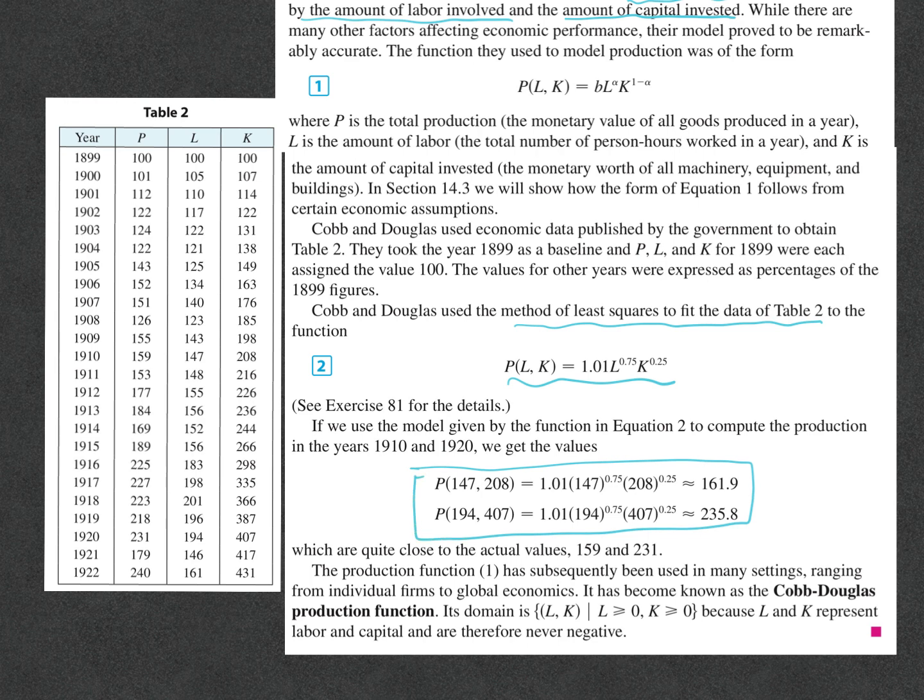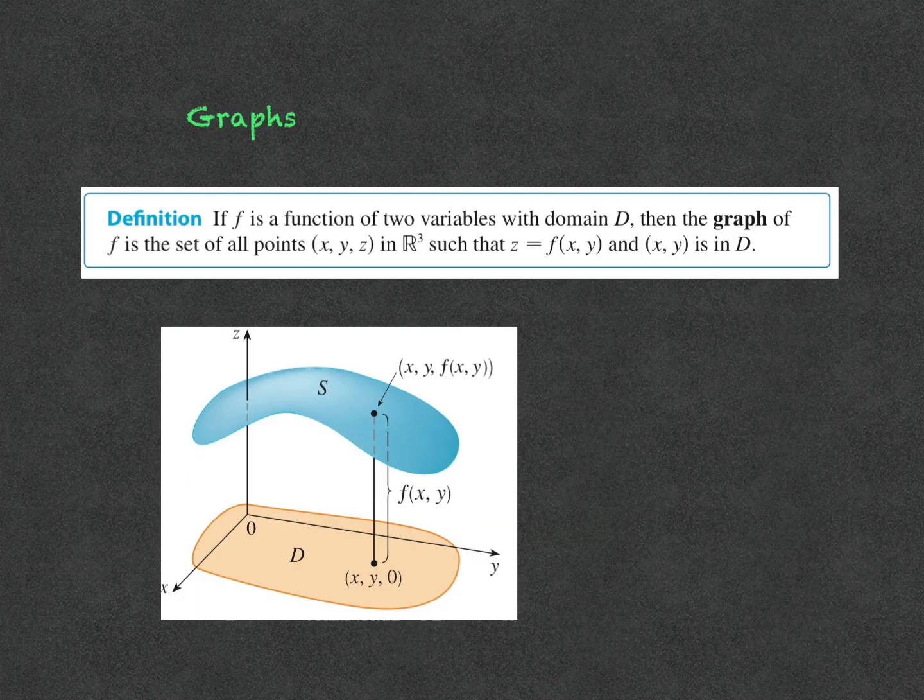What's interesting is this function has been used in many settings, ranging from individual firms to global economics, and it has been known as the Cobb-Douglas production function. Now, the domain is the set of points (L, K) such that L is greater than or equal to 0 and K is greater than or equal to 0, because L and K are labor and capital and are never negative. So just an interesting result to look at before we move to the next section. The second part of this section is graphs.